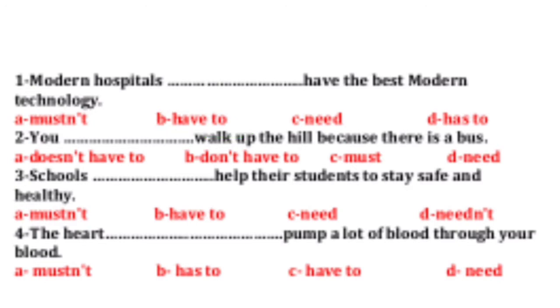The correct answer is don't have to. Schools space help their students to stay safe and healthy. The correct answer is have to. The heart space pump a lot of blood through your body. The correct answer is has to.